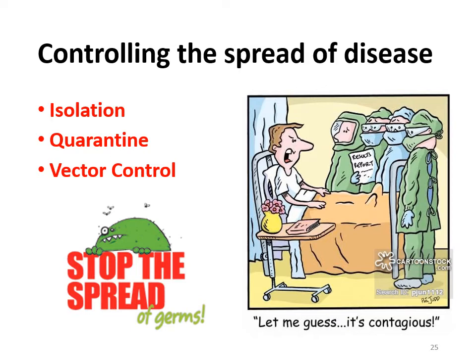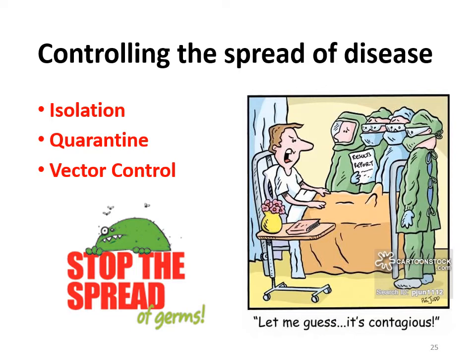Okay, so the example would be if you picture a classroom. If student A is sick and has an infection and we isolate or separate student A from the rest of the class, that would be isolation. What we would then do is take all of the other students in the class and separate them from the public just in case any of them have caught this infection, because you don't want them running around, going on the bus, going on the subway, going into stores or the gym or other classrooms, and now spreading this infection.